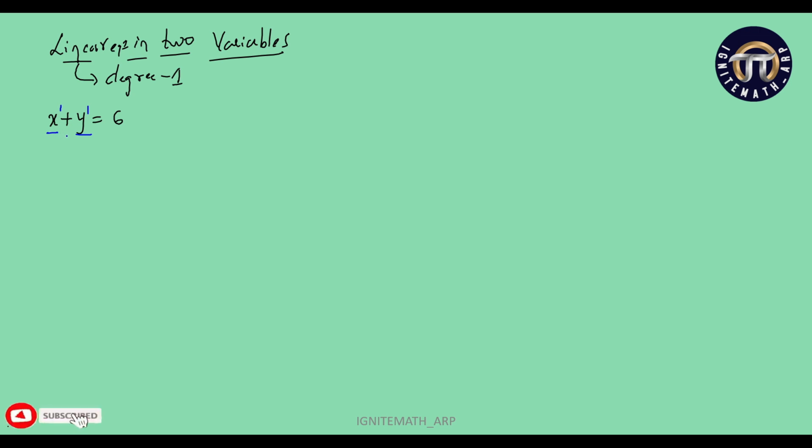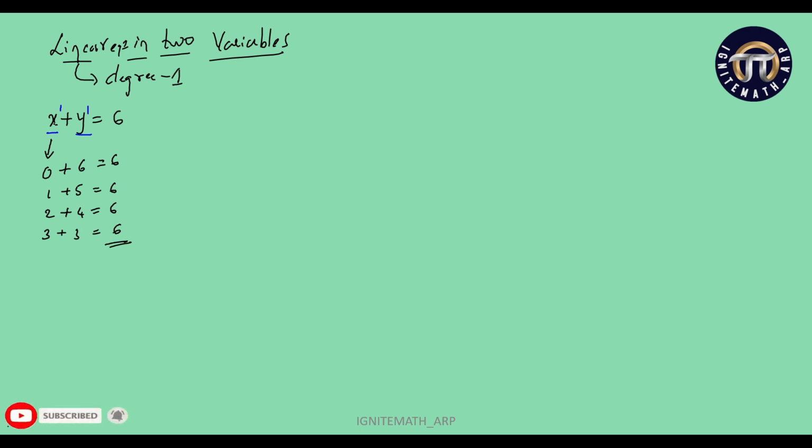Clear, children? So here what is the root of the equation then? If I want to find the root of the equation, for example, if I replace x as 0 and y as 6, then I get 6. X as 1, y as 5, then also I get 6. And x as 2 and y as 4, then also I get 6. 3 plus 3, then also I get 6.